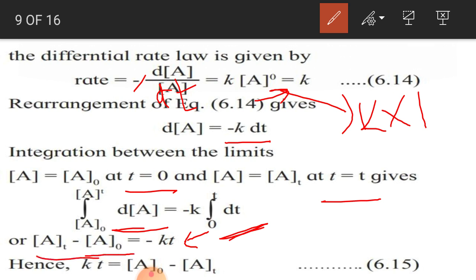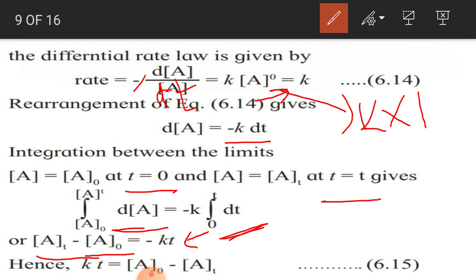On rearranging the equation, Kt will be equal to A naught minus At. This is the integrated rate law for zero order reaction. Remember student, we are taking the differential rate law equation, rate is equal to minus dA upon dt, which is equal to K A naught.